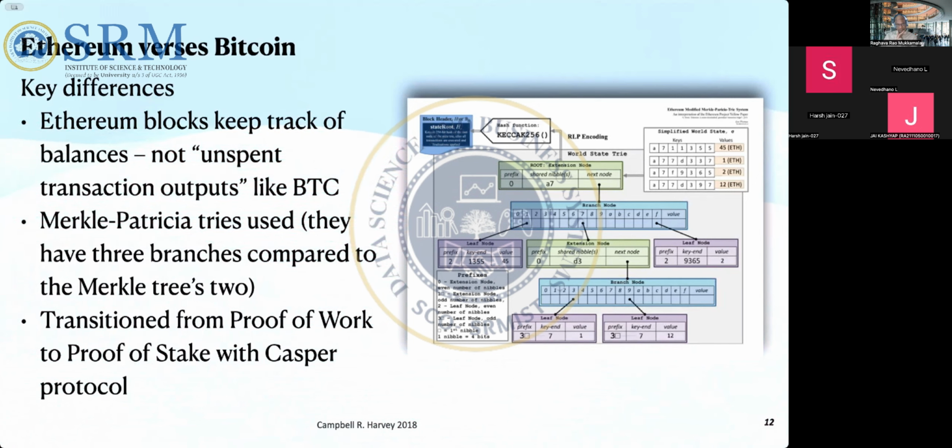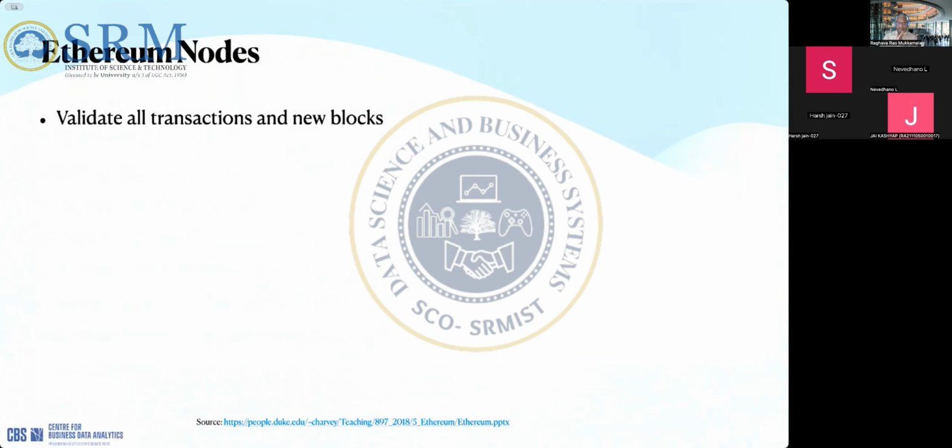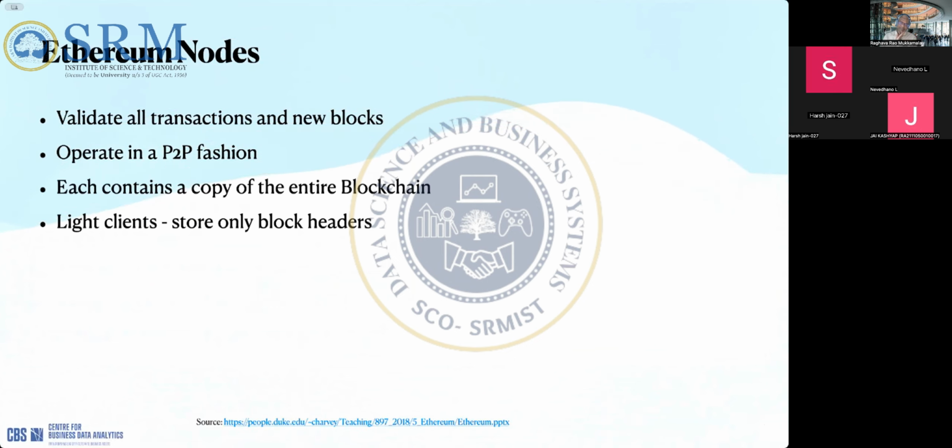Again, they moved to the proof of stake protocol with the Casper protocol. So what do the Ethereum nodes do? They collect all the transactions, validate them, and create new blocks, similar to what we have seen in Bitcoin. There the miners collect the transactions from the unspent transaction pool, validate them and put them into the block.